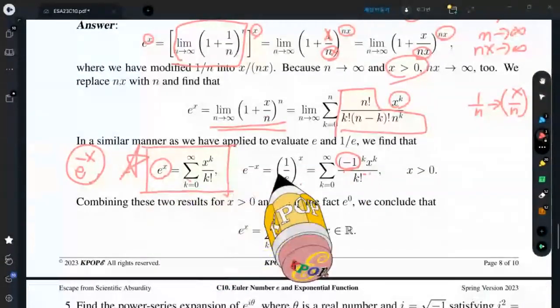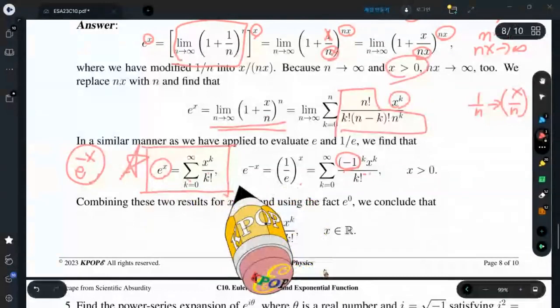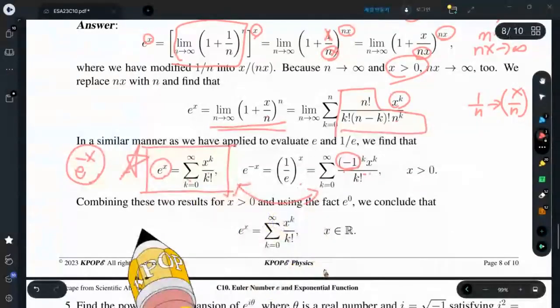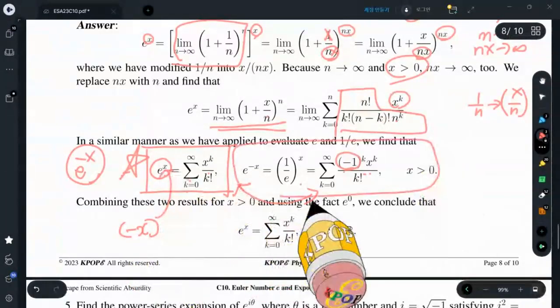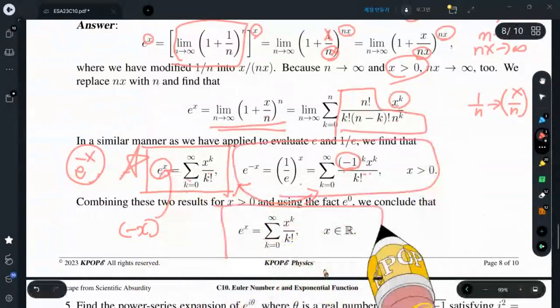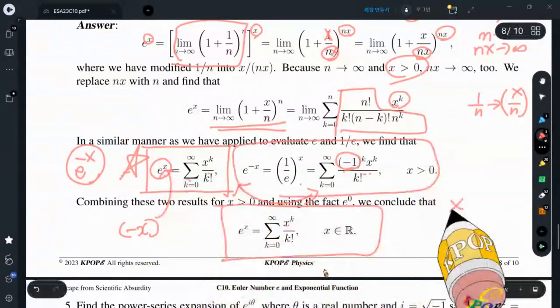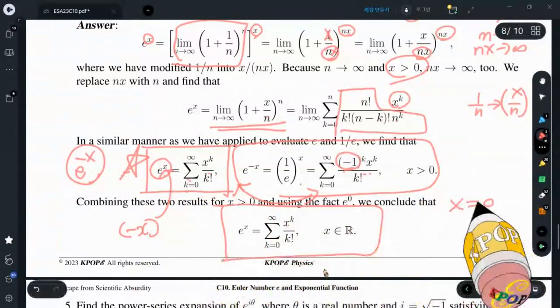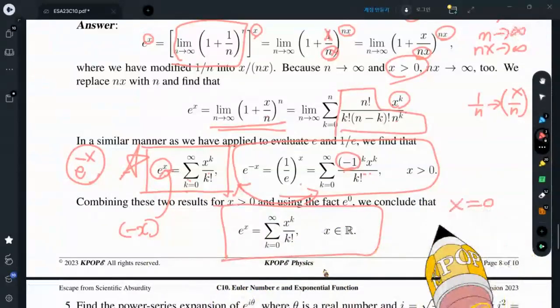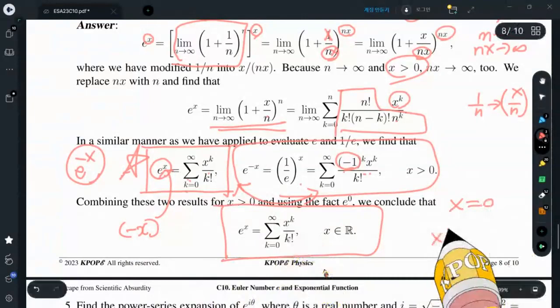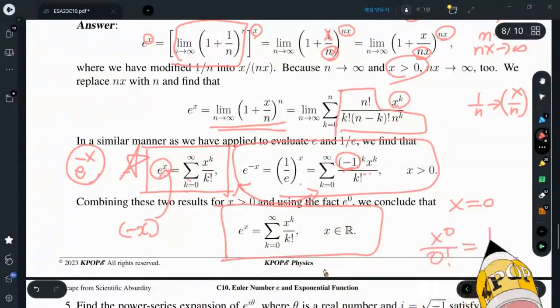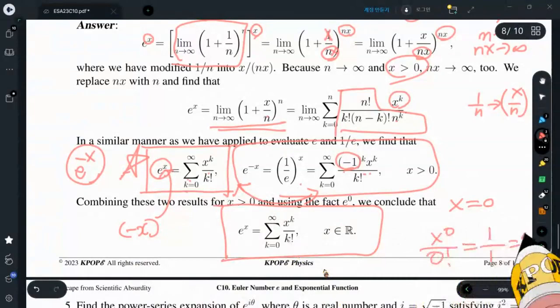By the way, this one is identical to this if I substitute minus x for this x. Therefore, we didn't have to worry about this. So finally, whatever x you may bring in, for example x equals 0, the answer is the first term that doesn't have any x: x to the 0 divided by 0 factorial, that is 1 divided by 1, which is 1.